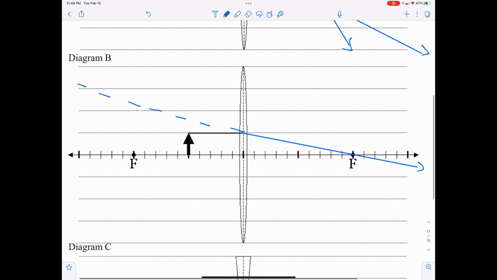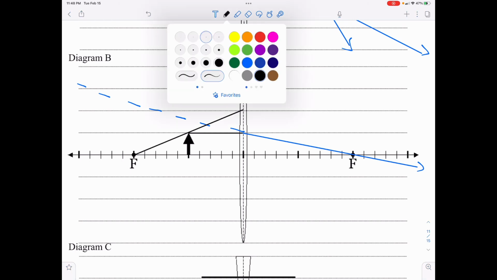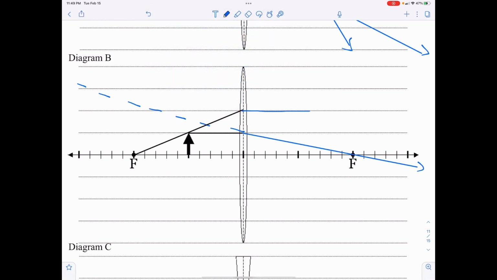Okay, then you're going to line up the object with the other focal point, and you will refract parallel. There's the back ray extension.